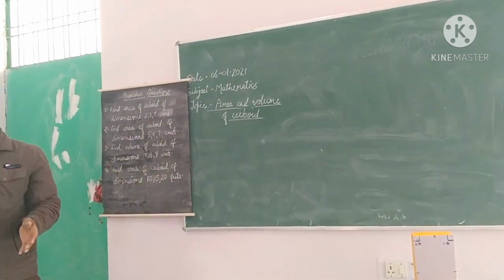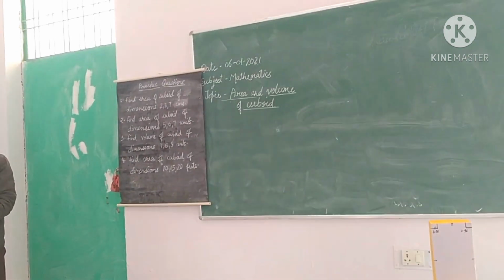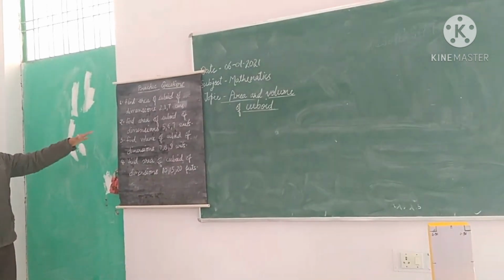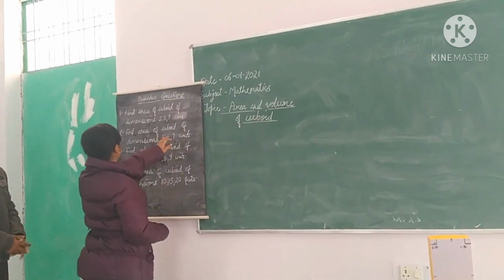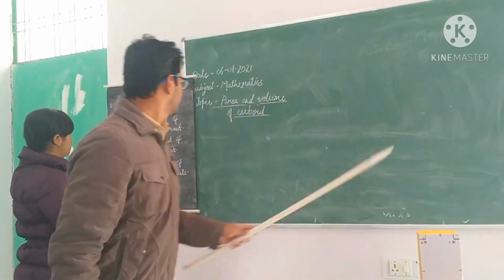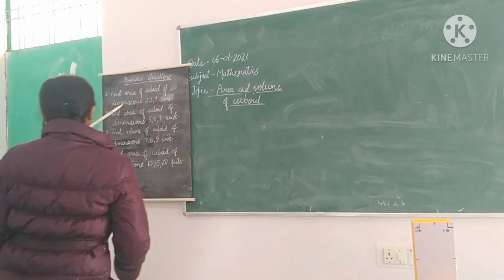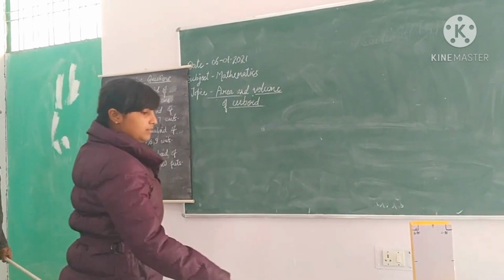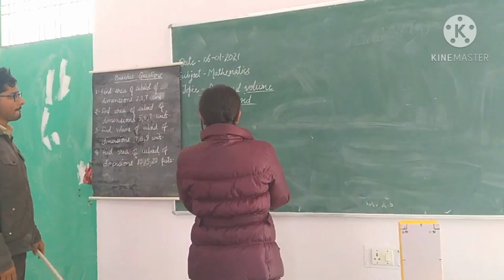Come here, anybody? Yes, come here. Read the first question. Find area of cuboid of dimensions in centimeters. So first of all you will write the formula of area of cuboid.